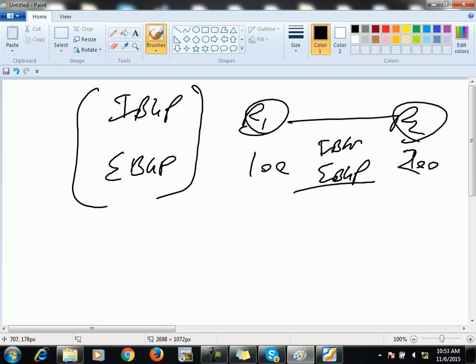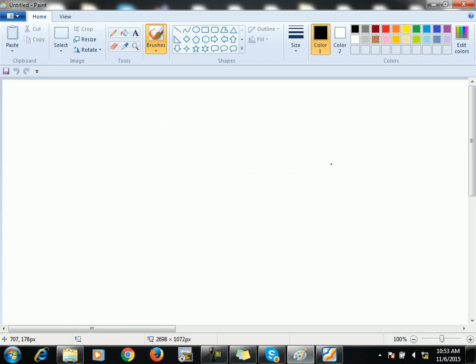And then after it, let's talk about BGP path attributes as well.